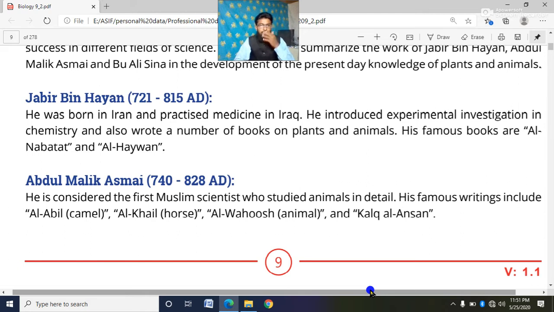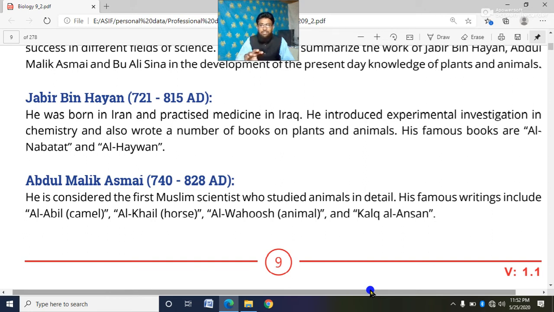Next, we have Abdul Malik Asmai. Dear cadets, he was born in 740 AD and died in 828 AD. Dear cadets, he is considered the first Muslim scientist who studied animals in detail.